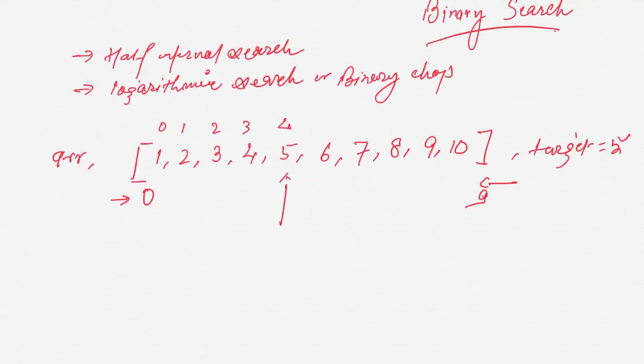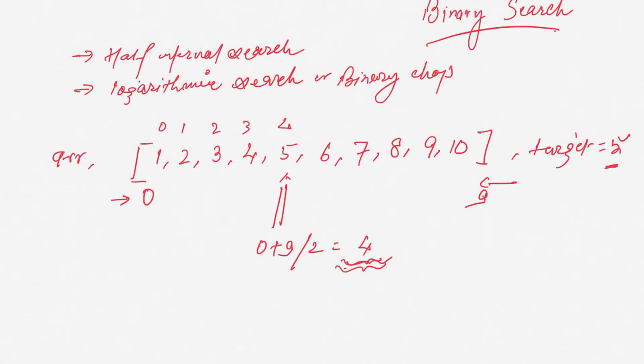So this could be the mid, which is 4, since we take the floor value. If your target value is equal to 5, our search algorithm is completed, and we will return either a boolean value or the index of 5.